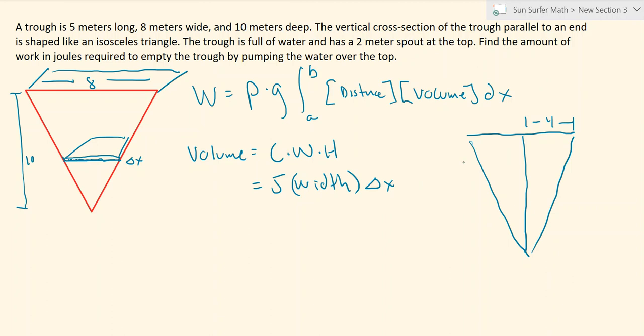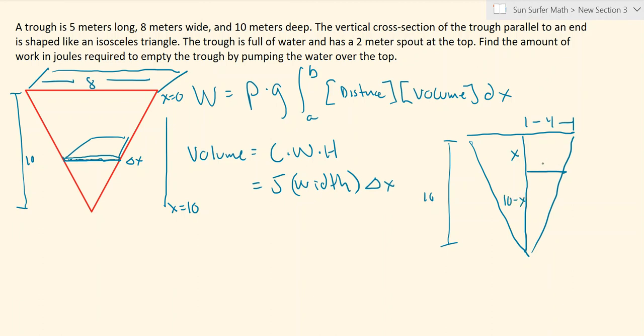So that means this is going to be 10 meters. And if we create another little triangle in here, we want to measure the water depth from x equals 0 at the top to x equals 10 at the bottom. So that means this distance measured from the top is an x value. So this distance down here would be 10 minus x.